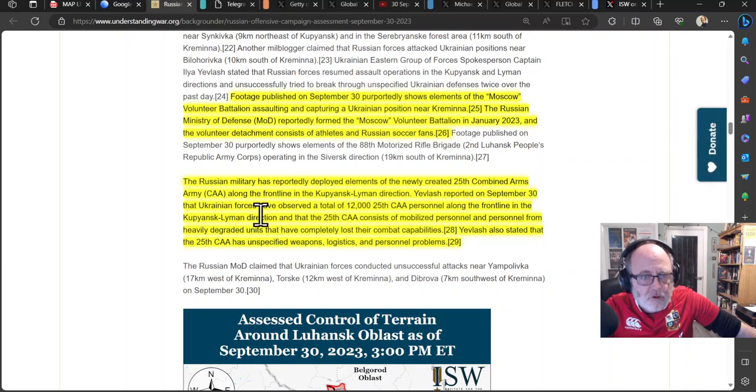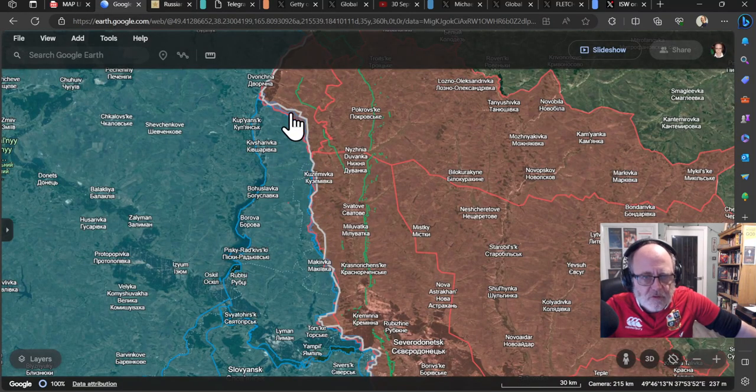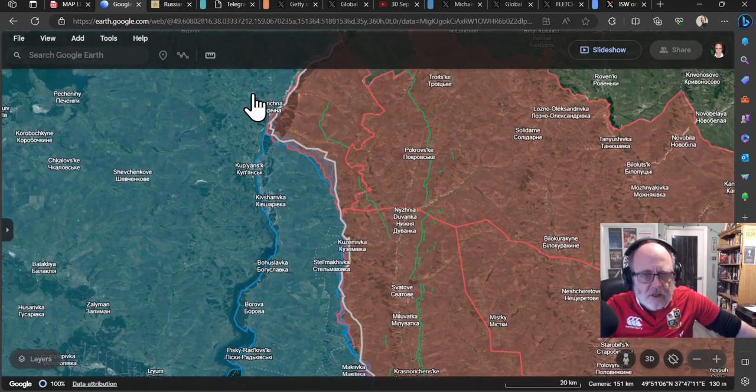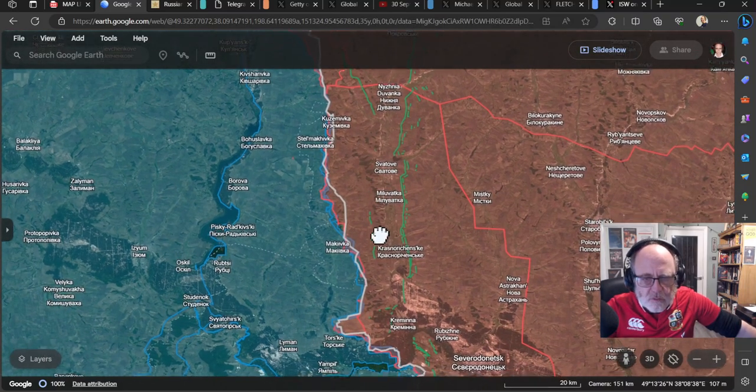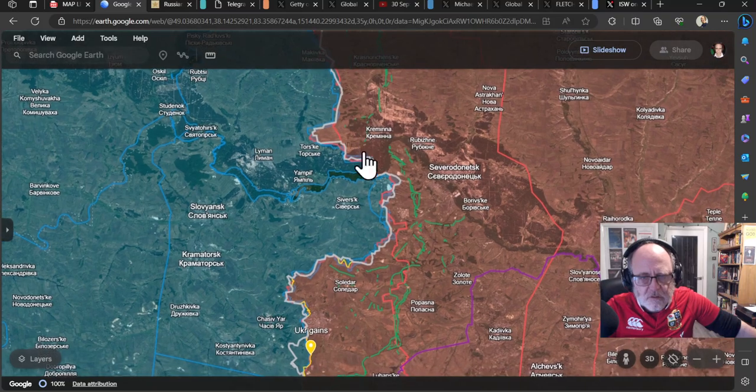They have been kind of thrown into this, by all accounts, without adequate preparation, and they are relieving, I believe, other more experienced forces that have been sent further down to the south. And this has led the ISW, for example, to posit that potentially the counteroffensive up here has gone nowhere and will go nowhere, because they've taken the forces that were doing that, moved them elsewhere, and have replaced them with the 25th Combined Arms Army that isn't all that.